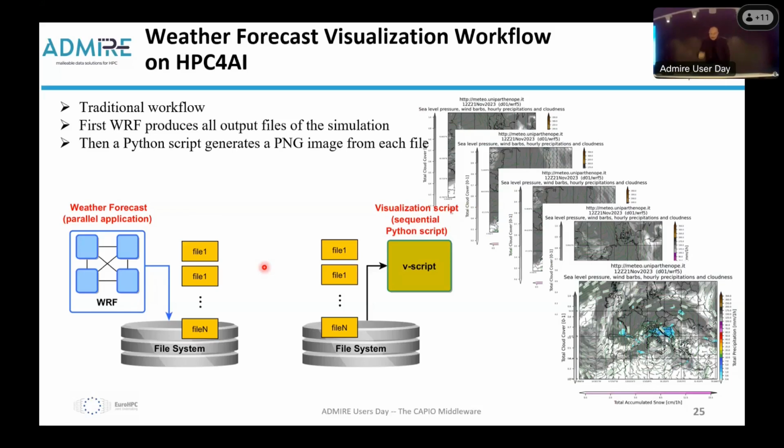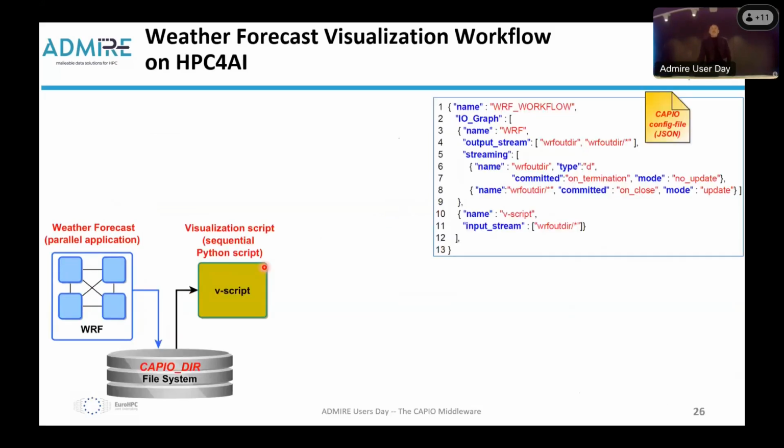What we did is ask, why not use CAPIO for this? So we coupled WRF and the post-processing part together. All the files produced by WRF are placed in the CAPIO directory, and as soon as the data is produced by WRF, we can execute the tool that produces the PNG images.